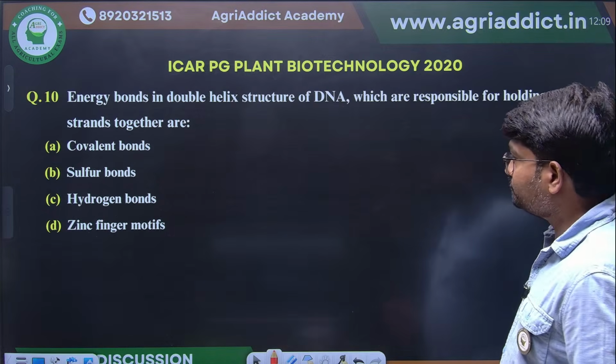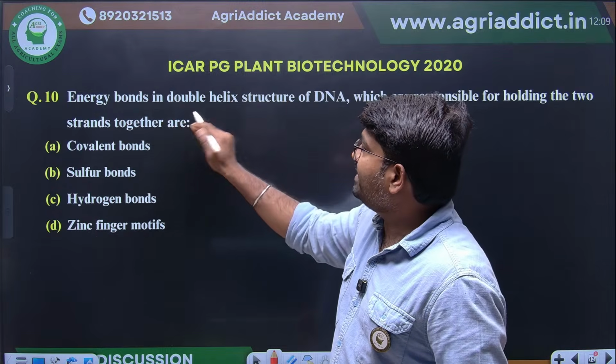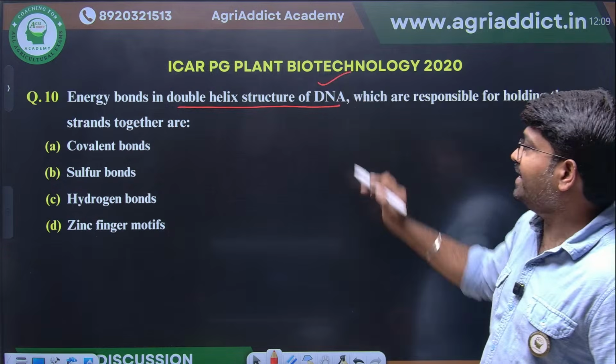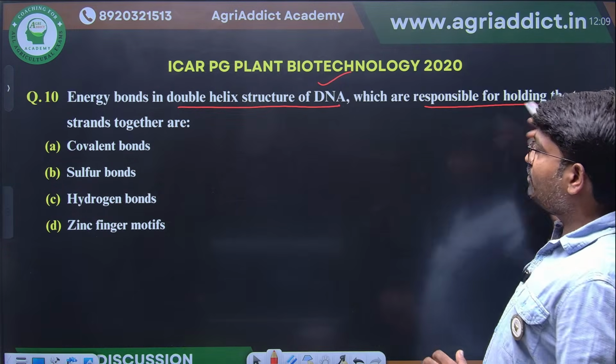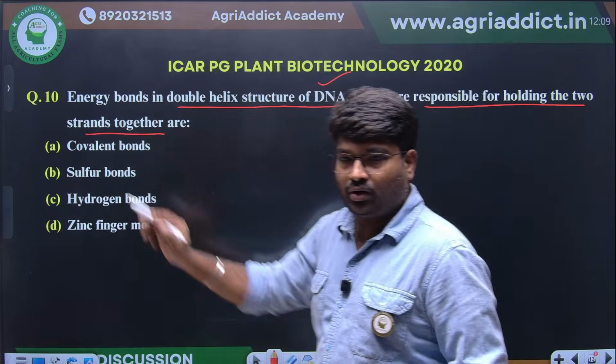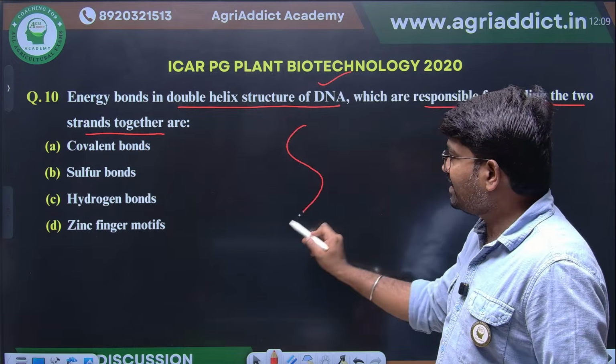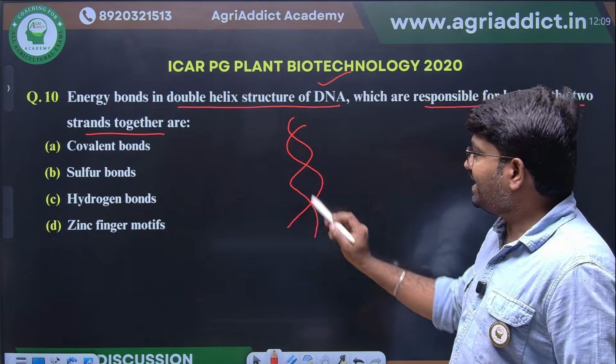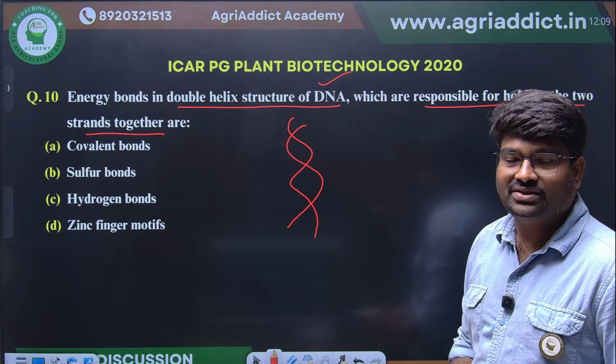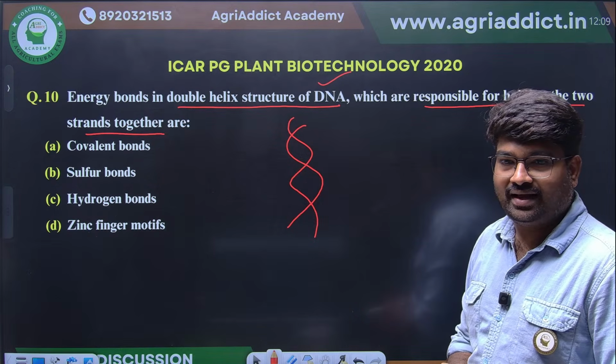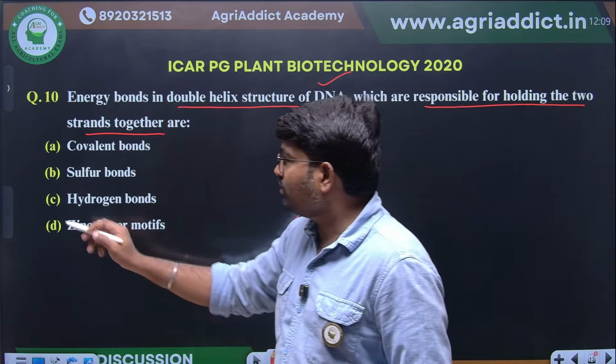Yes, very good. The energy bond in the double helical structure of DNA, which is responsible for holding the two strands together. What is the energy that is holding these two strands together? Yes, very good. Hydrogen bond.